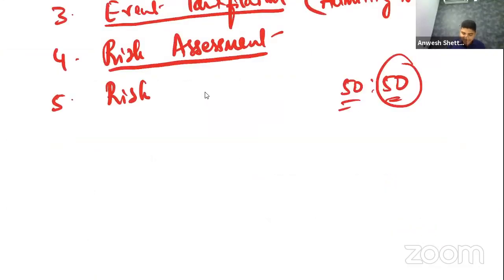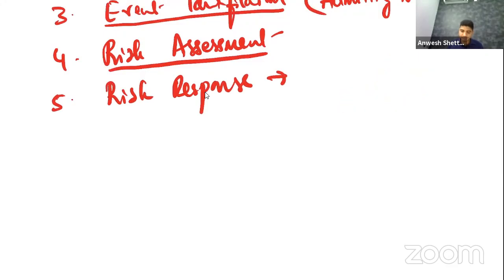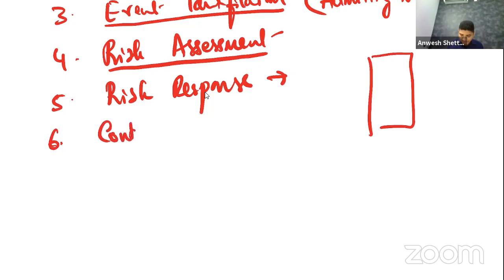What risk response are they going to devise? They're going to say, henceforth, we are not going to admit any patient unless they pay the full fees. So the consultant will prepare policies about admission, how the admission has to take place. The next step is control activities.